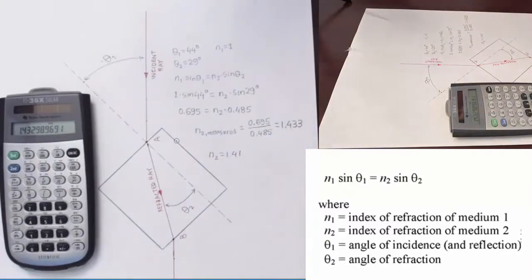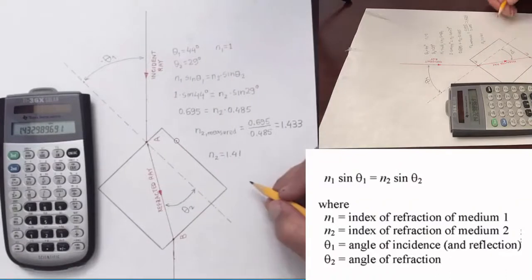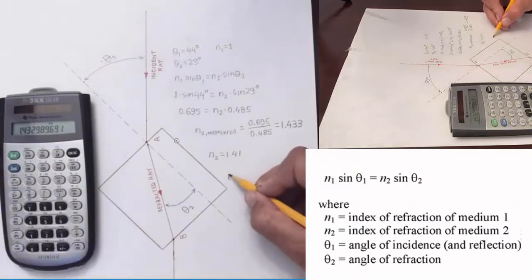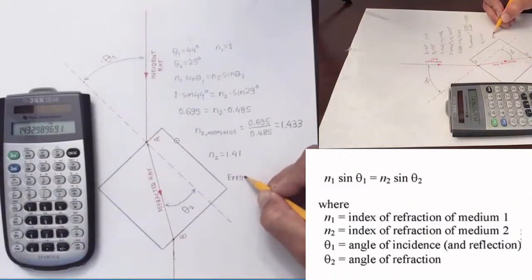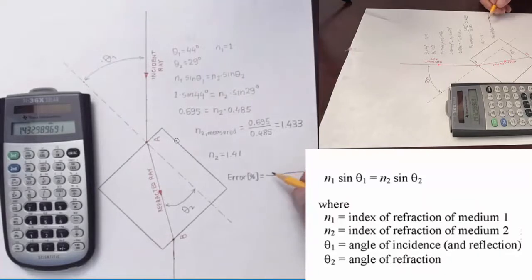So we can calculate the percentage error for our measurement. The formula for the percentage error is right here. You want to calculate the absolute delta between the index of refraction that was measured and the nominal index of refraction, and then renormalize to the nominal value. Then of course you multiply this by 100.